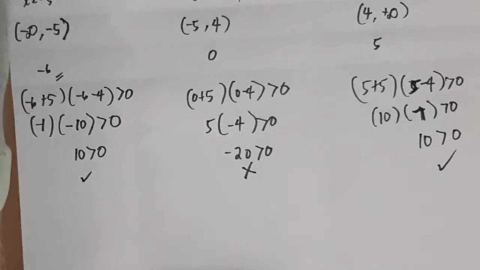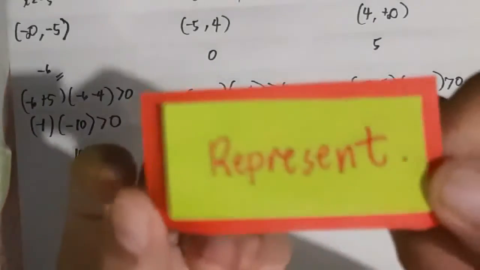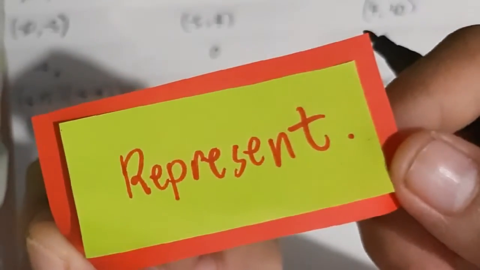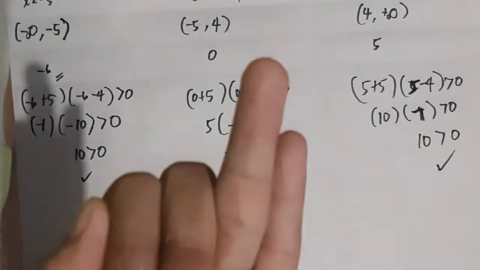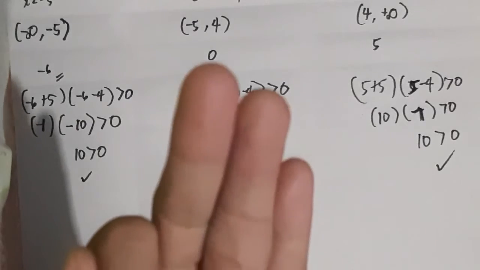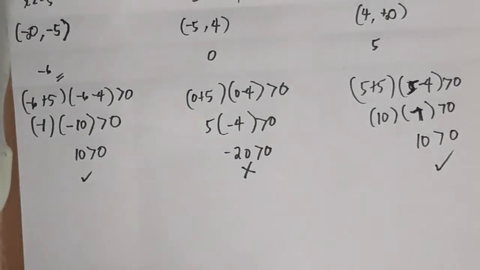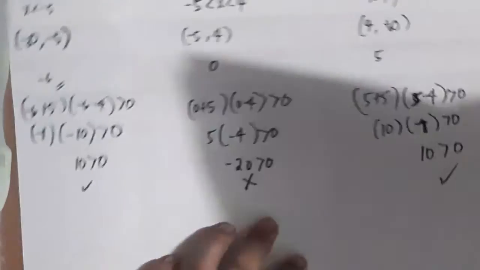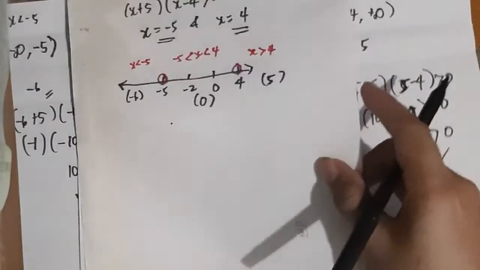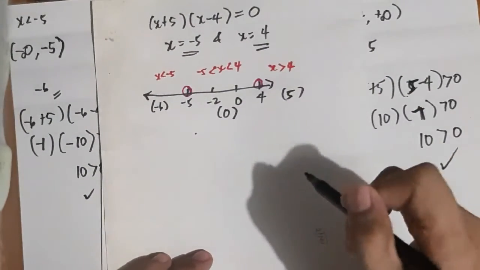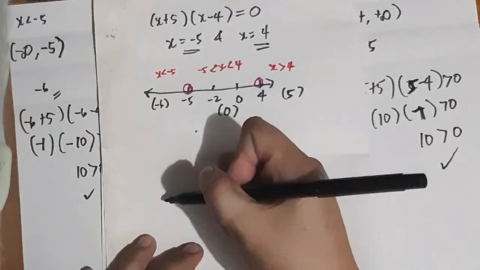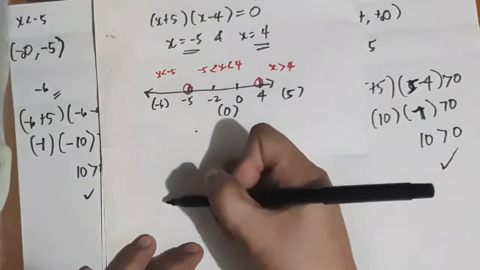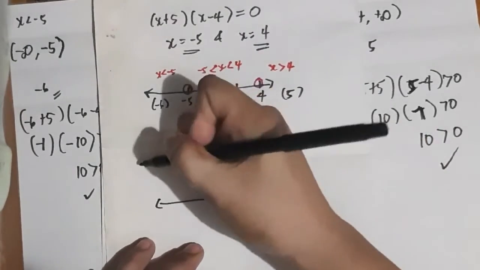Now, the next process is to represent our answers in three notations: the graphical, the interval notation, and the set builder notation. Since we have two answers, let's start with the graphical notation. Take note, this is my number line. The final answer is simply shaded.